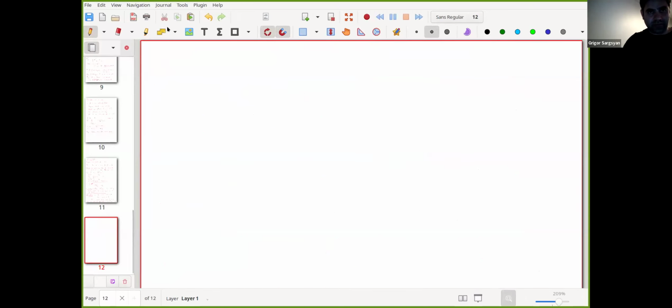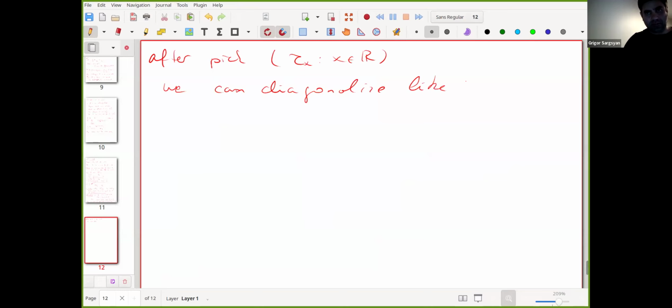So once you pick the strategies, we can diagonalize like in the case of countable completeness.